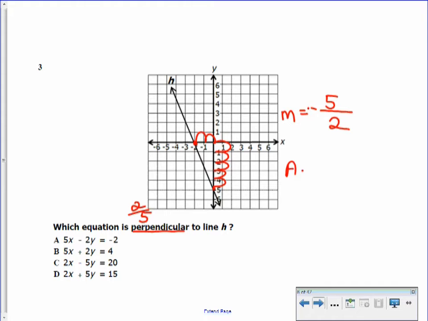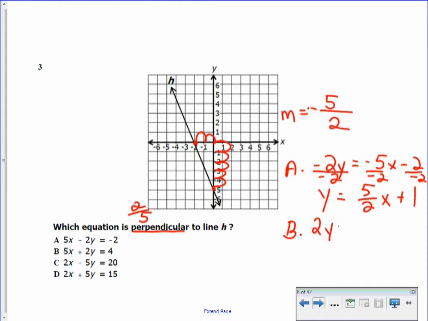So my first one, of course, I'm going to subtract my 5x over to start, and divide by my -2. That gives me 5/2 x plus 1. Of course, 5/2 is not our goal of 2/5, so we move on.